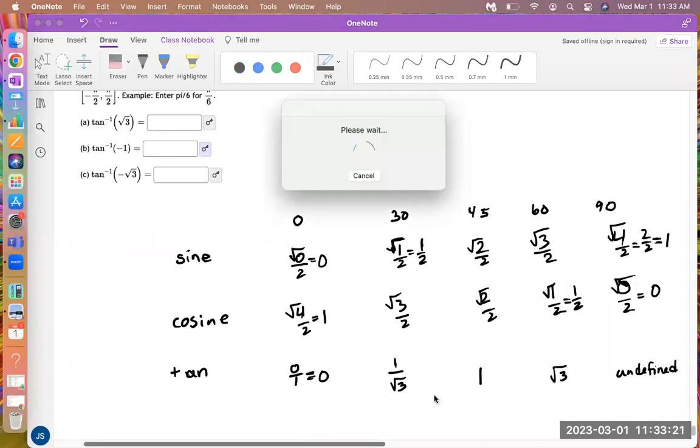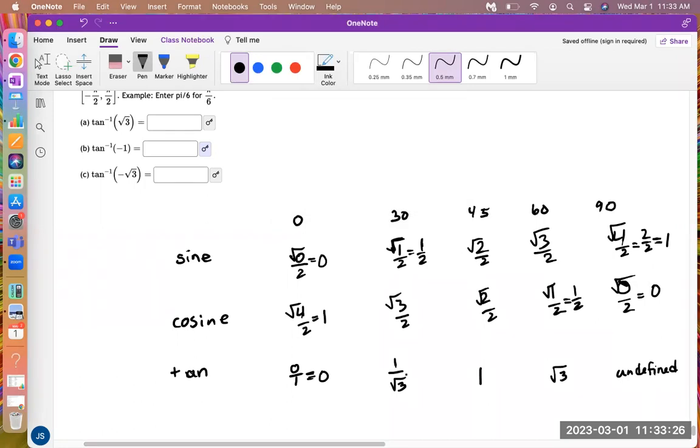Once you have this chart memorized, or at least are familiar with it and able to draw it like I've drawn it right now, you'll see there are not really very many numbers in this chart, because the same number repeats itself again and again.